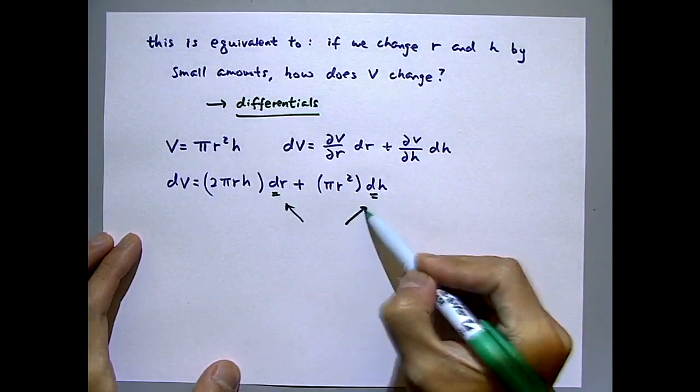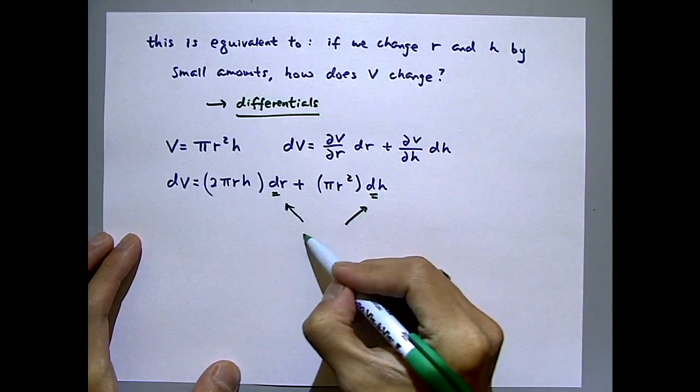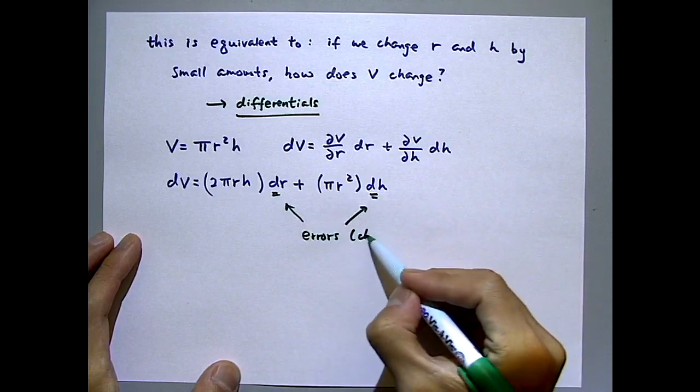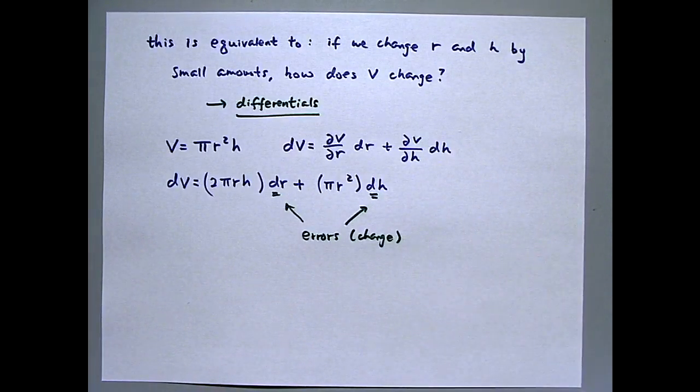Remember these d's we did last time, these are the uncertainties, the errors, which really means the change in the variables. And here in this context, those will represent the error.